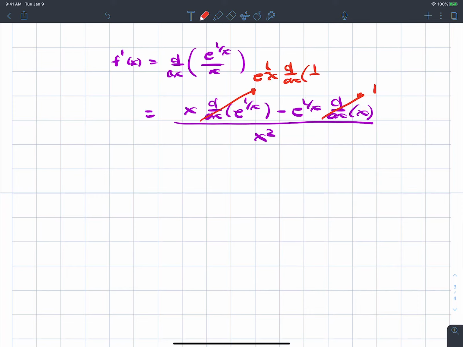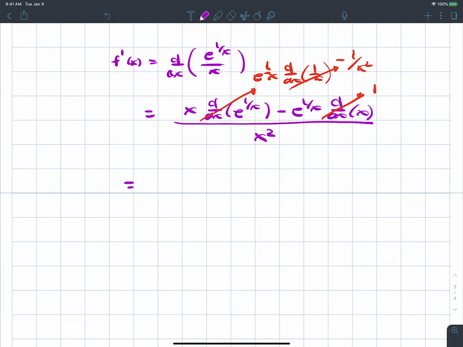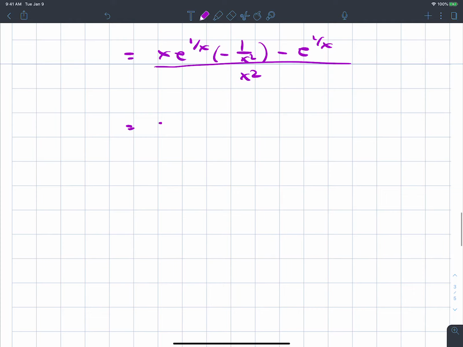Now I need the derivative of 1 over x, which is minus 1 over x squared. So x times e to the 1 over x times minus 1 over x squared, minus e to the 1 over x, all over x squared.